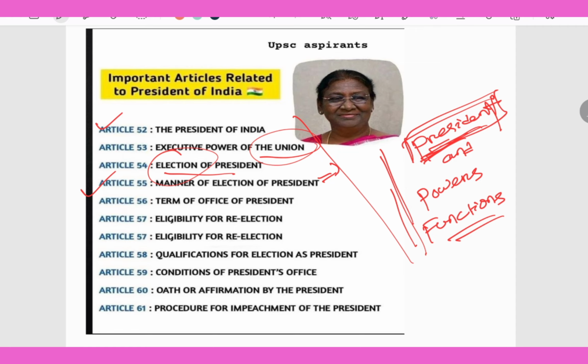Article 56 says the term of office of President. 57 eligibility, 58 qualification, 59 conditions of President's office, 60 oath or affirmation, and 61 is impeachment. So these are the articles you must remember.